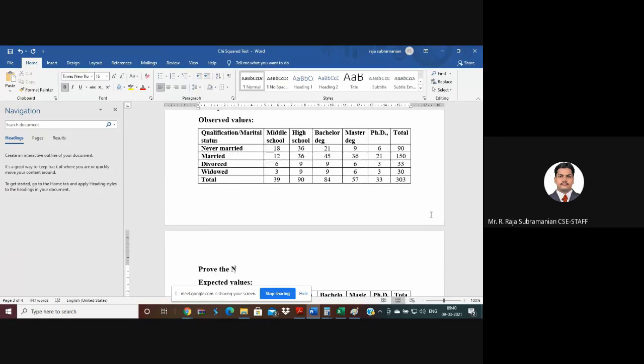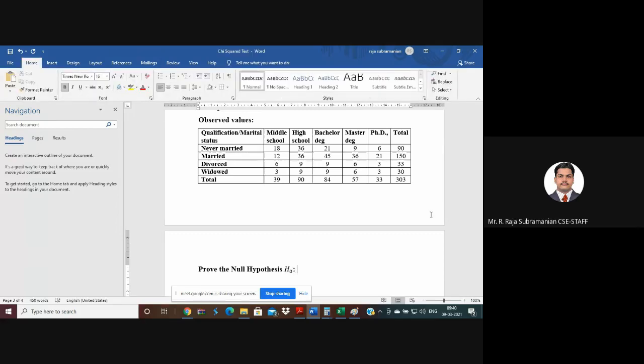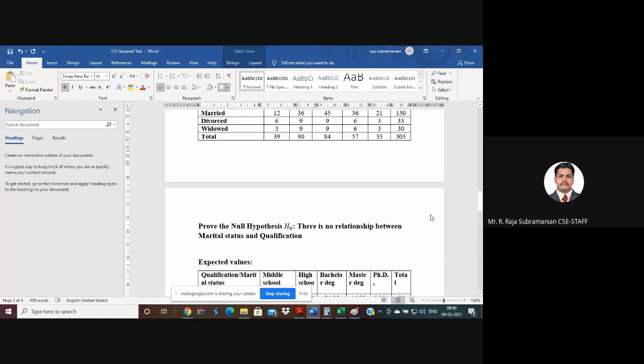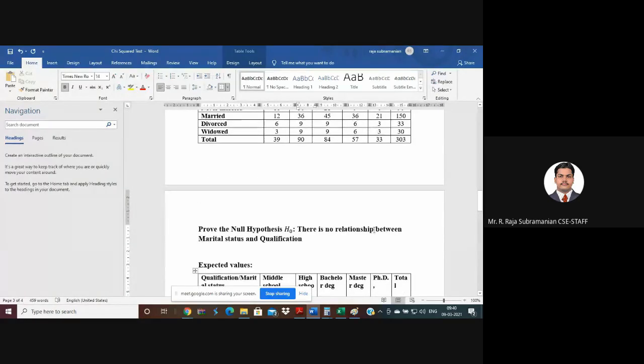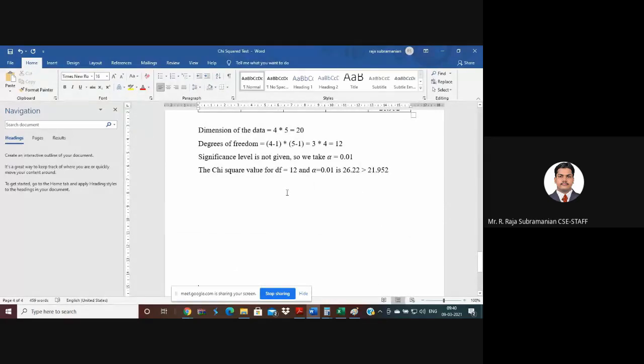The null hypothesis is that there is no relationship between marital status and qualification. So you can prove this by saying whether this null hypothesis can be accepted or rejected. I did the observation and got the expectation, and this expectation says that the null hypothesis can be accepted.